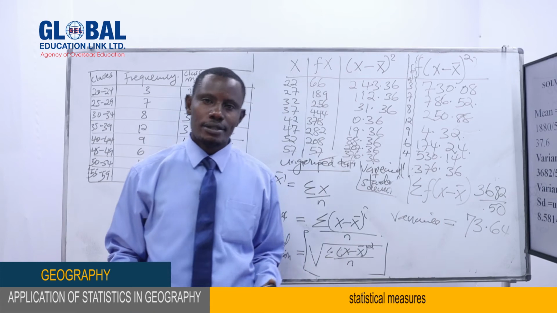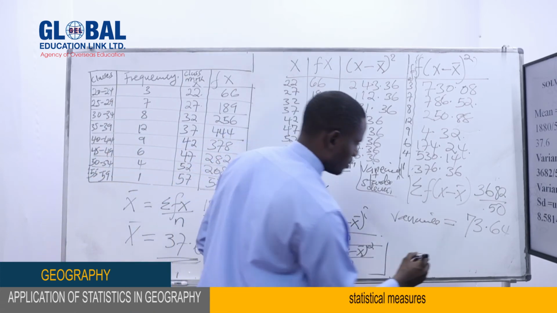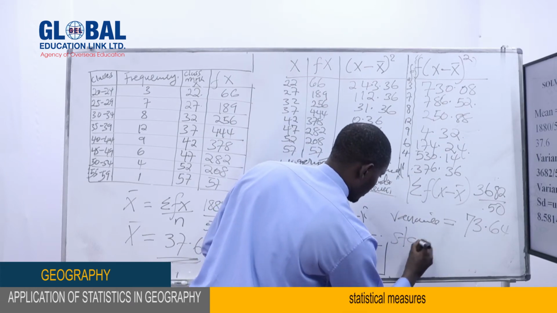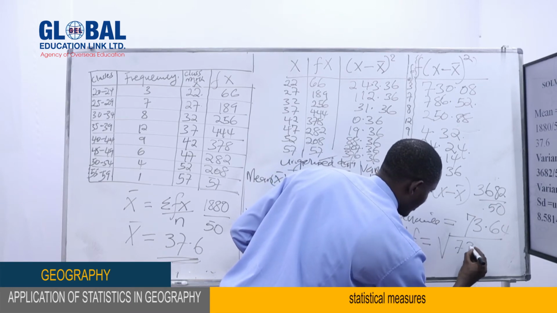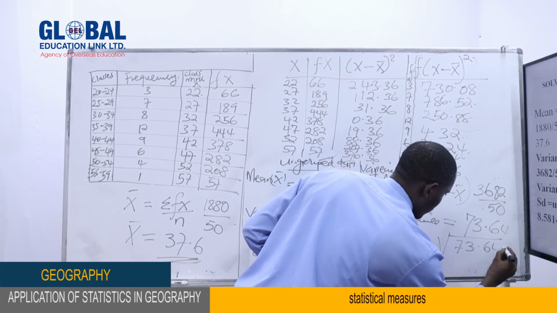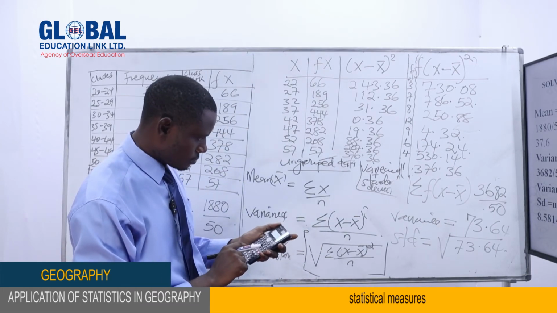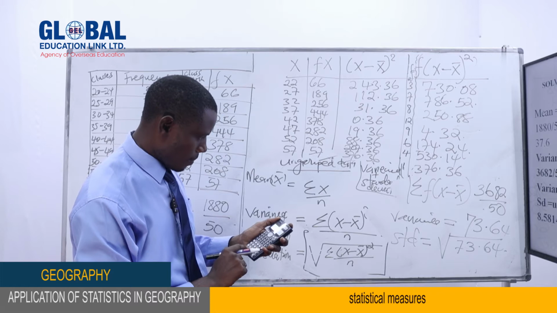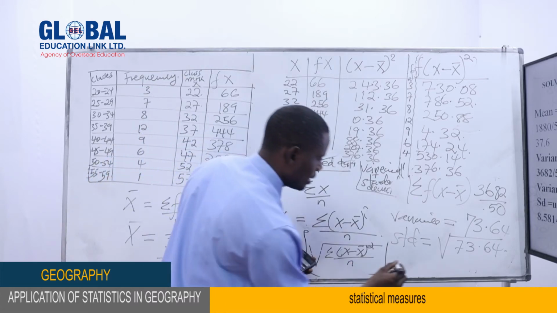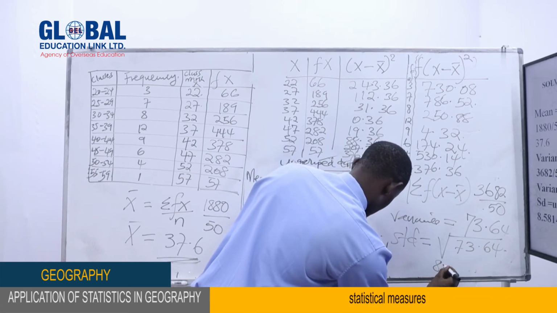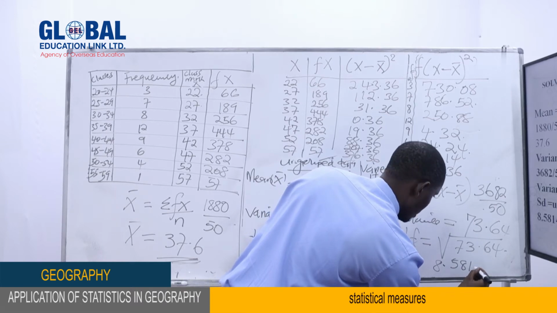But you remember we said if you take the square root of the variance, then we get the standard deviation. So we want to get the standard deviation. It's equal to the square root of 73.64. So if you take your calculator and take the square root of 73.64, it gives you 8.5813.